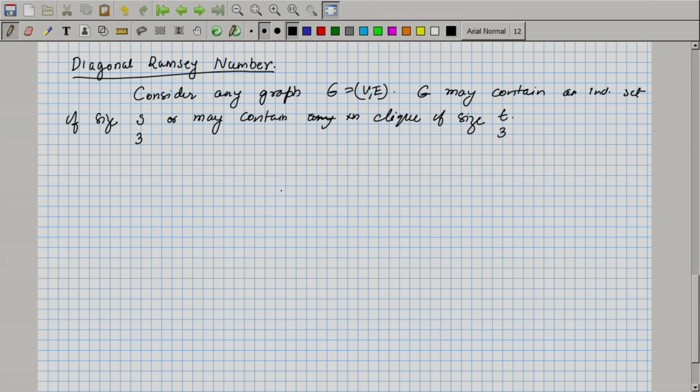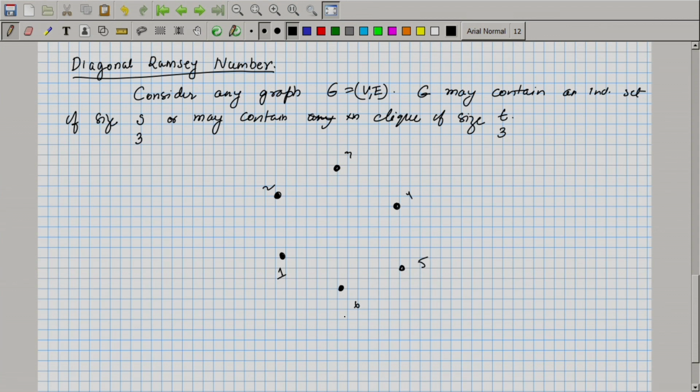So, let us take any graph on 6 vertices and let this be one of the vertices of that graph. Okay. Now, there are 5 other vertices, namely 1, 2, 3, 4, 5 and 6. Now, out of these 5 vertices in the graph, one may be connected to 3 of them or may not be.